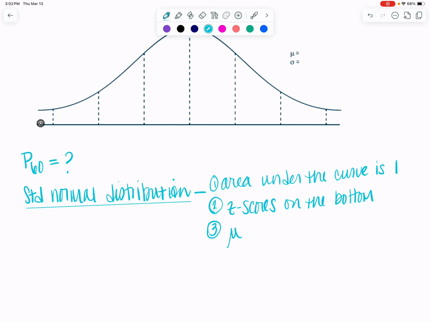It means I have an average of 0 and a standard deviation of 1. That means my mean goes in the middle, and my z's are 1, 2, and 3, negative 1, negative 2, negative 3.